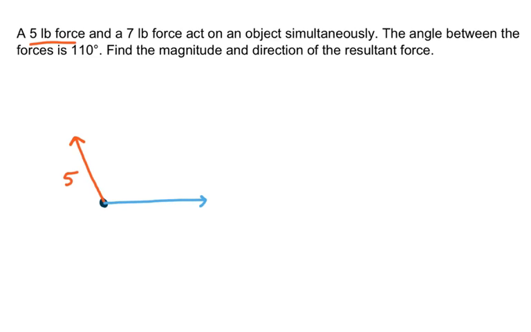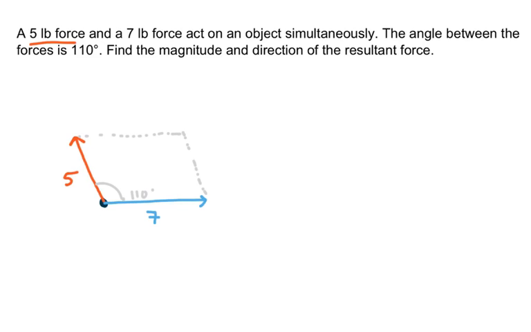We have 5 and 7 pounds, and we know the angle between these two forces is 110 degrees. We want to find the magnitude and direction of the resultant. Well, you want to keep in mind that the resultant is found by drawing this parallelogram.